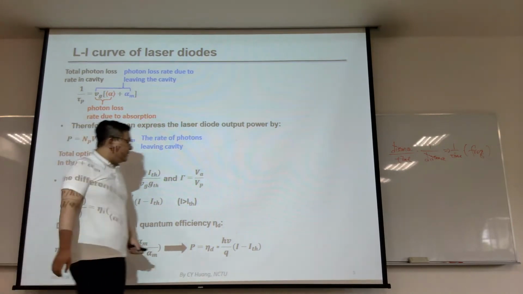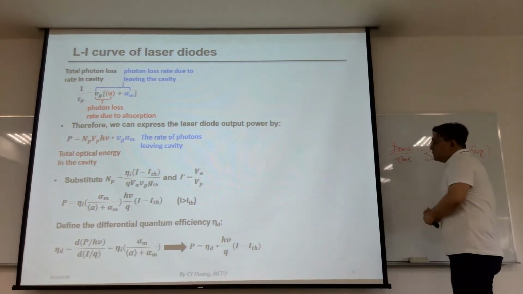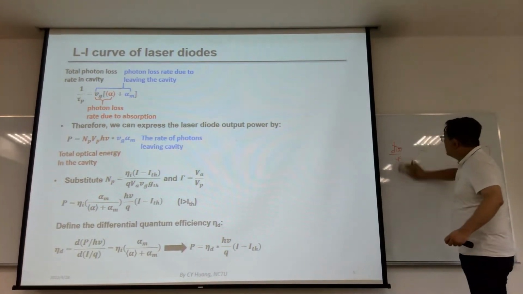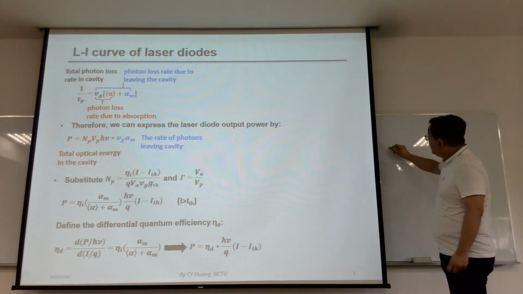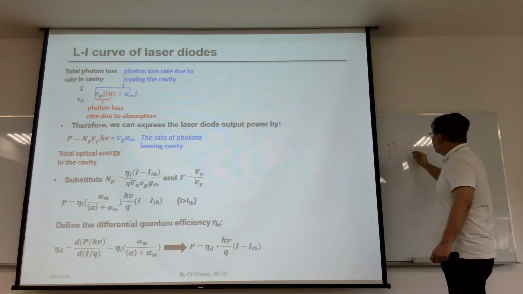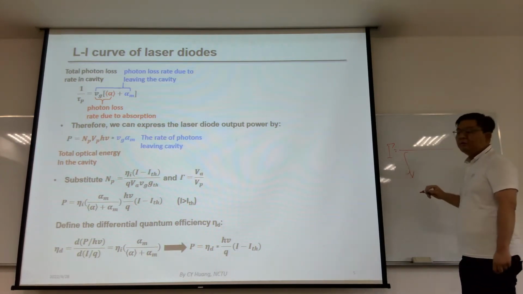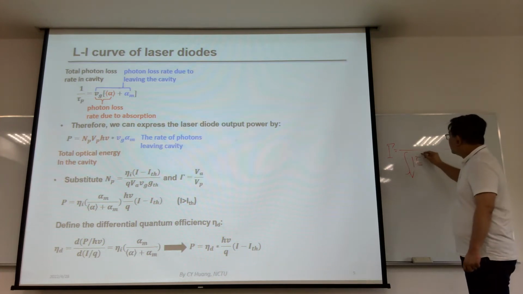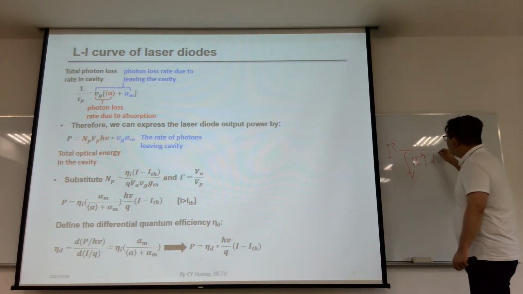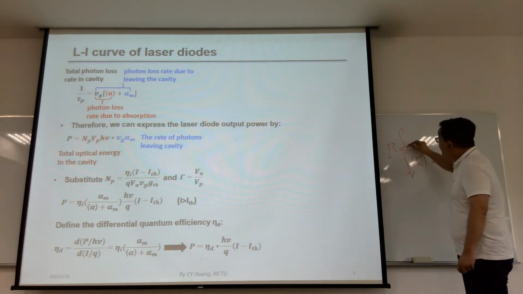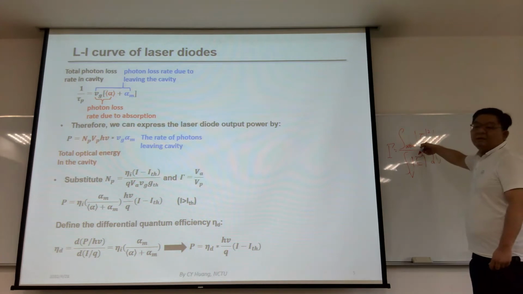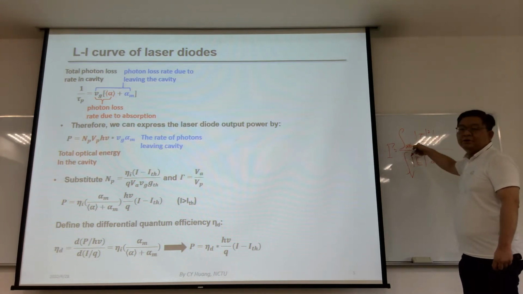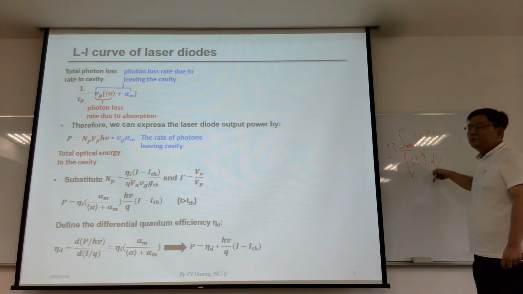VA over VP means, while we are calculating the confinement factor, the definition is the integral of E squared dV over the active region, divided by the integral of E squared dV. This is the volume of the active region, and this is the volume of the whole cavity.